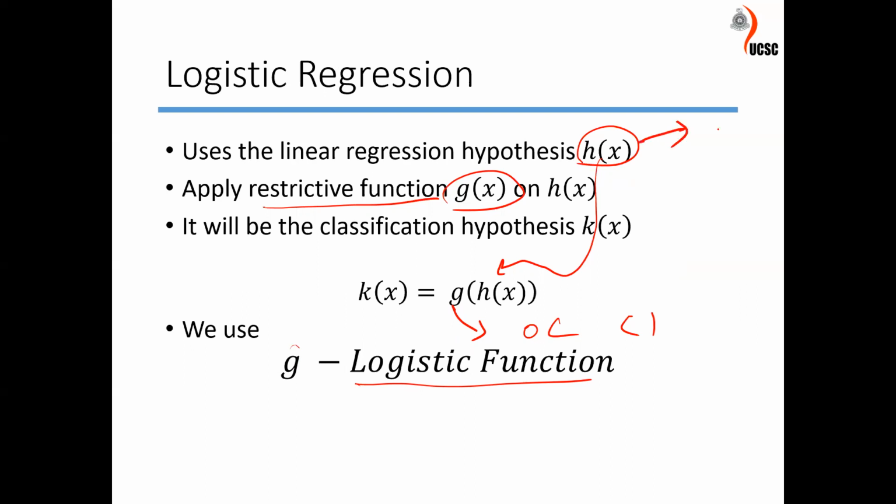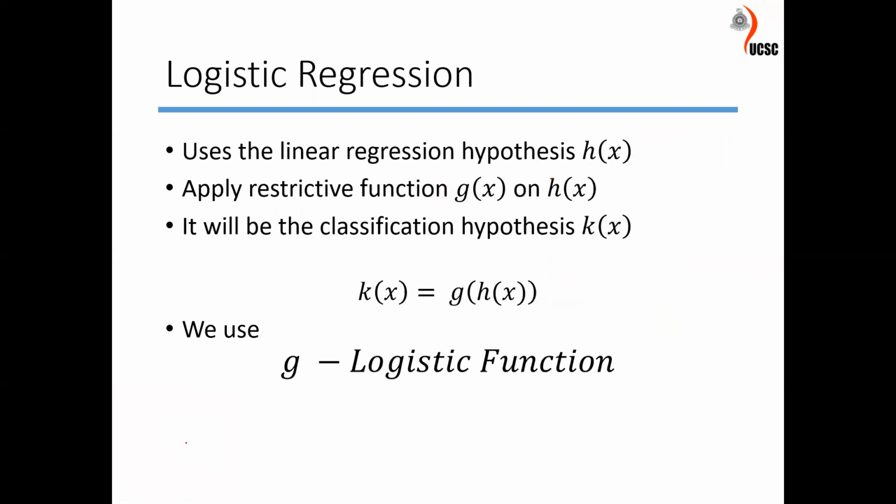Our linear regression gives a real value, and we need to restrict the value into a predefined range, like 0 or 1. To do that, we apply our restrictive function on top of our h(x), our linear regression. That's the basic idea.